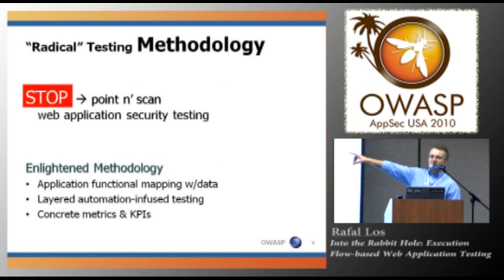So see that big red stop right there? Stop, point, and scan web application security testing. This doesn't actually make anybody any safer. In fact, I would argue that it's making this industry worse. Just randomly point and shoot, because what ends up happening is we create a false sense of security.